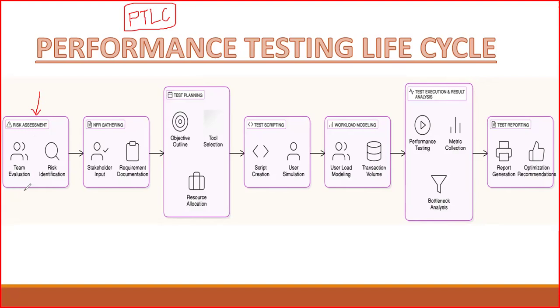On a high level, in this risk assessment stage we are going to identify what all the risks are that we may expect, what are all the possible risks that we are going to face, and what exactly the mitigation for that is. What may be the mitigation for each and every type of risk, we need to discuss here also.